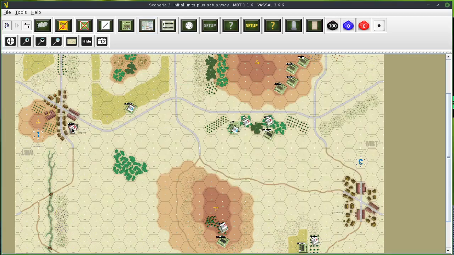And that means these guys, the associated recon infantry, I'm going to put them in full cover. It's going to be very hard to see them, which is good. They're going to just be low in the grain.